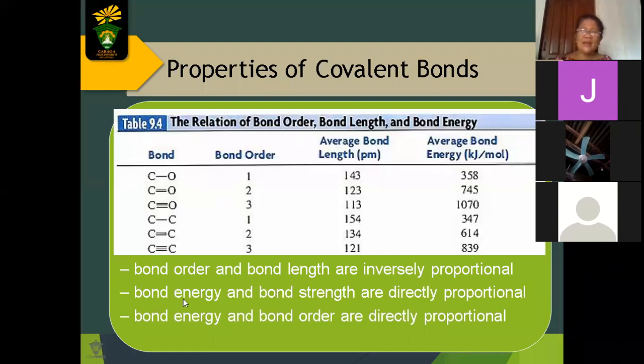So, ang bond energy o bond strength, pareho ra siya, directly proportional. Magkadako ni nga niya ang imong bond order, magkadako pud ang imong bond energy. So, bond energy and bond order are directly proportional. I hope you understand this. This is one of the properties of covalent bond.